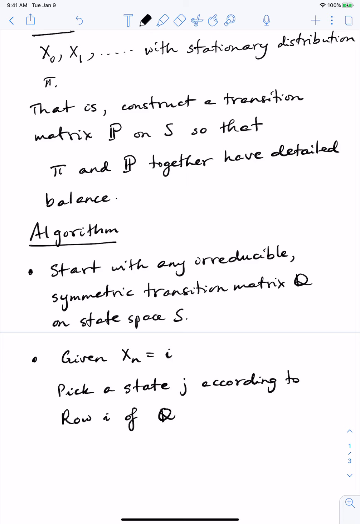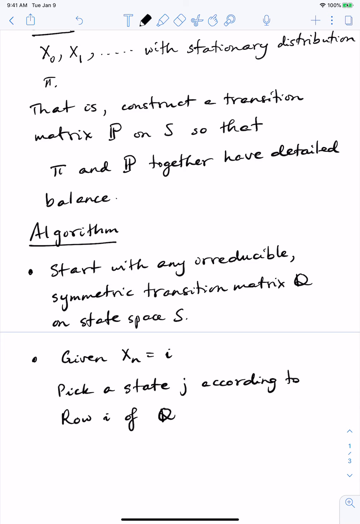So row i of the transition matrix Q gives you the conditional distribution of where you would move if you were just using Q. So do that. Pick a state according to row i of Q. Q has got nothing to do with anything. It's just something you made up.